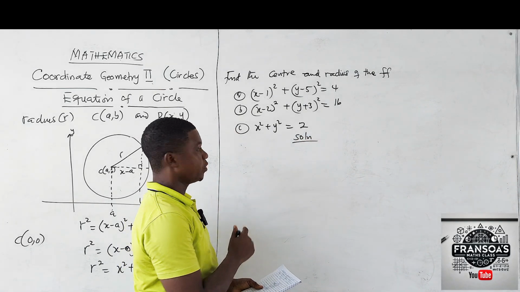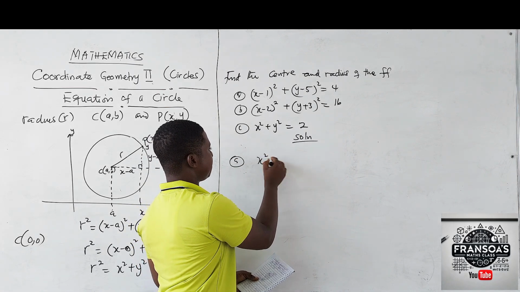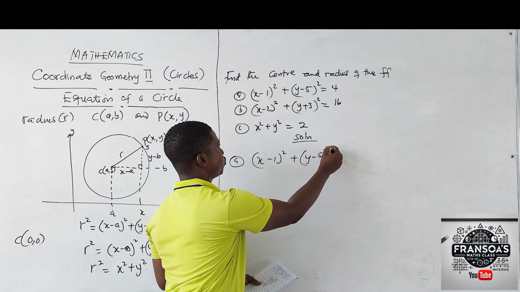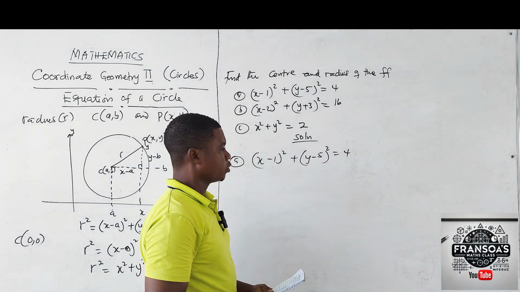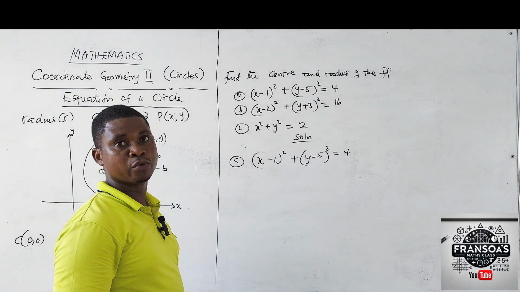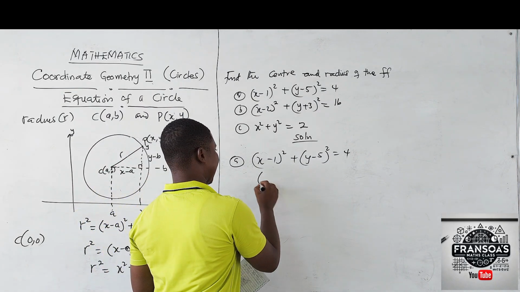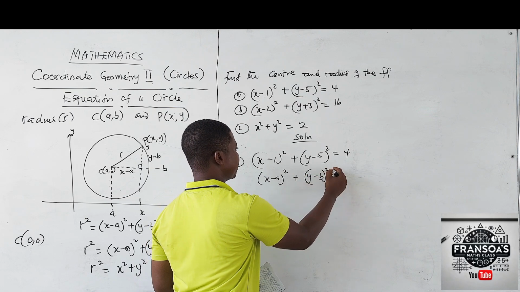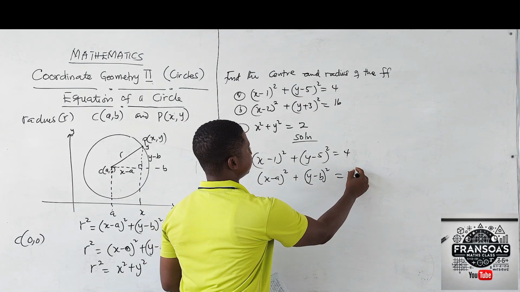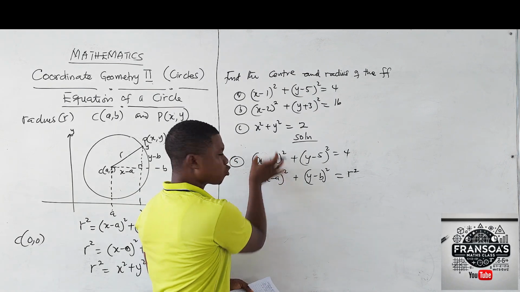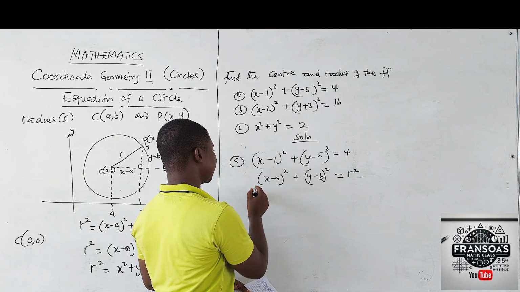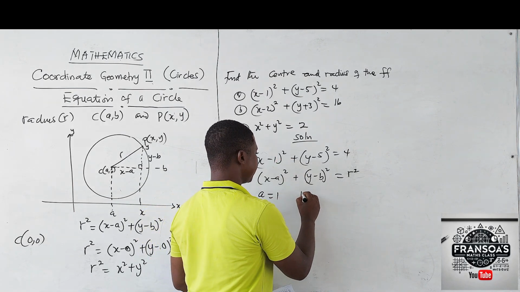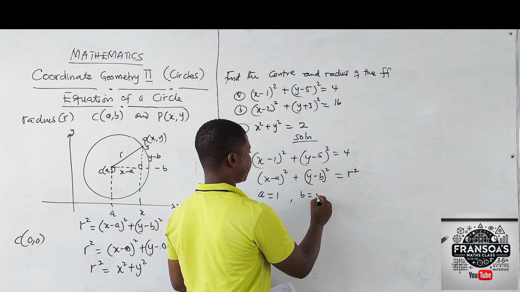If you look at the first one, we've been given (x minus 1) all squared plus (y minus 5) all squared is equal to 4. Comparing it with the equation that we got, (x minus a) all squared plus (y minus b) all squared is equal to r squared. When you compare that, you can say that a is equal to 1 and b is equal to 5.